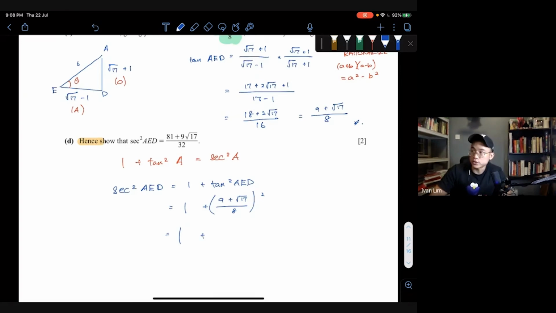Then you will need to slowly simplify. 81 plus 18 root 17 plus 17 over 64.